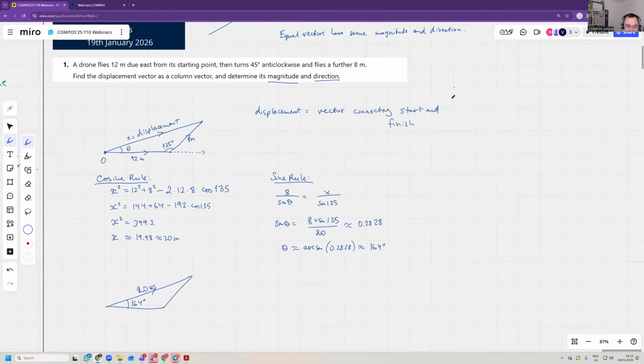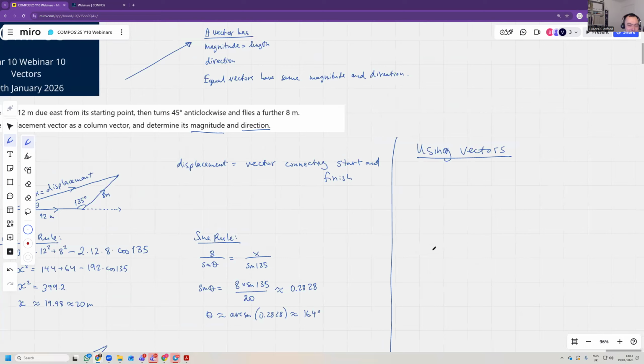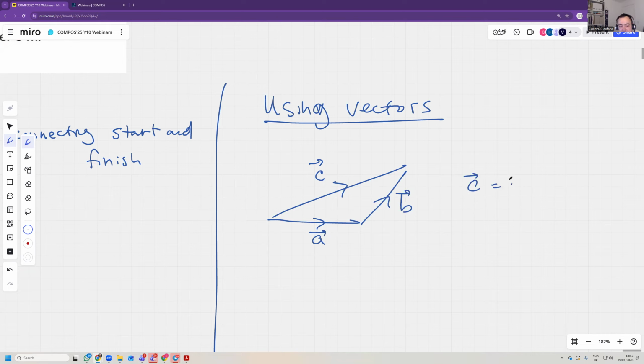So let's do the same thing, but now using vectors. Because honestly, we've just used the cosine rule and sine rule. Now, we know that if you have vector A and vector B, then vector C is equal to vector A plus vector B. This is called the triangle rule for vectors.